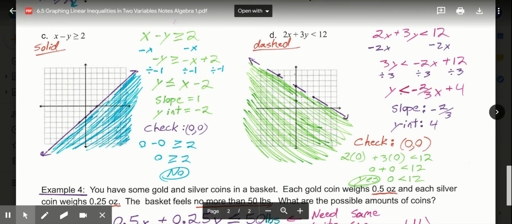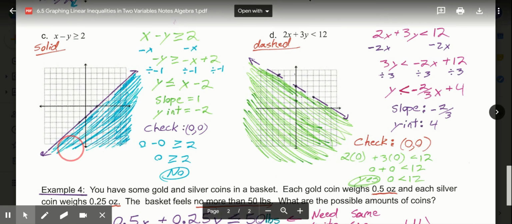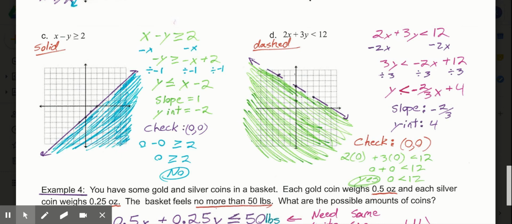So to graph our line, start 0, -2, up 1, right 1, up 1, right 1, and we draw our line. Then plugging in 0, 0 to check. It is not a good solution, so we will shade the opposite side of the line from 0, 0.